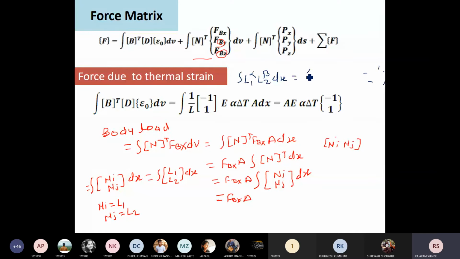It is alpha factorial, beta factorial divided by alpha plus beta plus 1 factorial into L. Okay, this is your integration. Now you tell me the integration for this term.